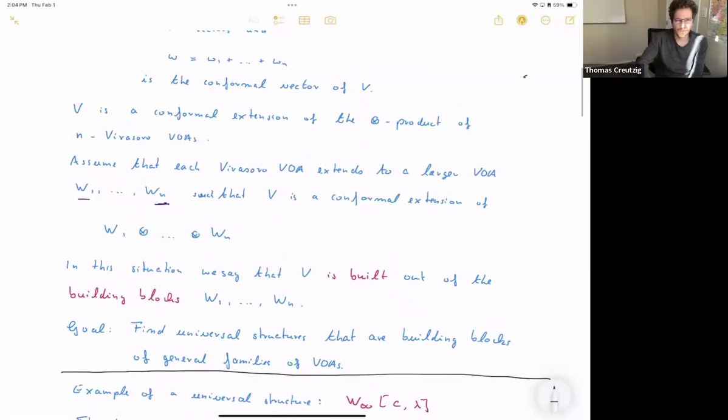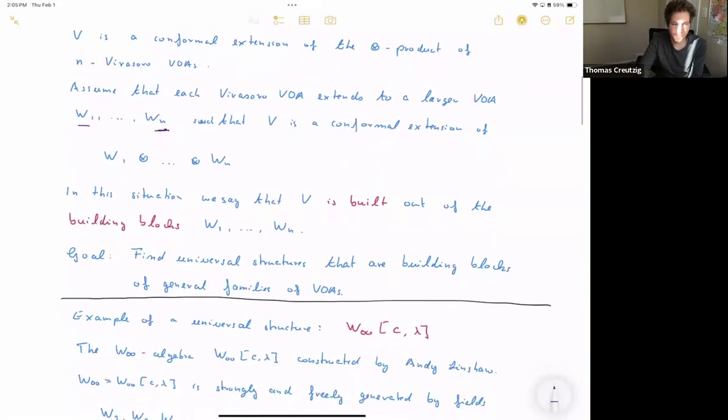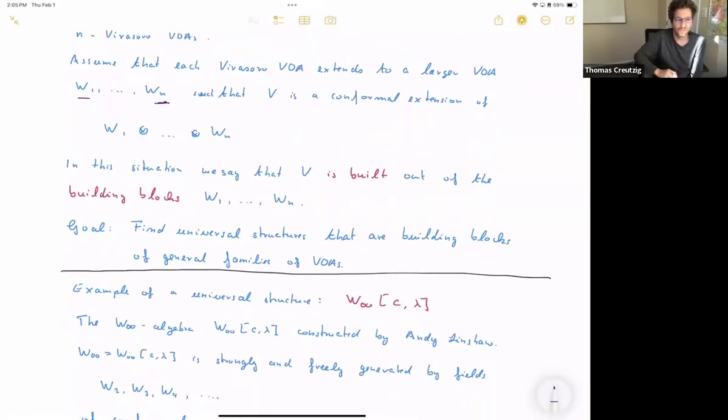So the overall goal one should view as: you fix your rough type of VOA, and then you look for universal structures that serve as building blocks, and use that to get some structure on your family of VOAs.